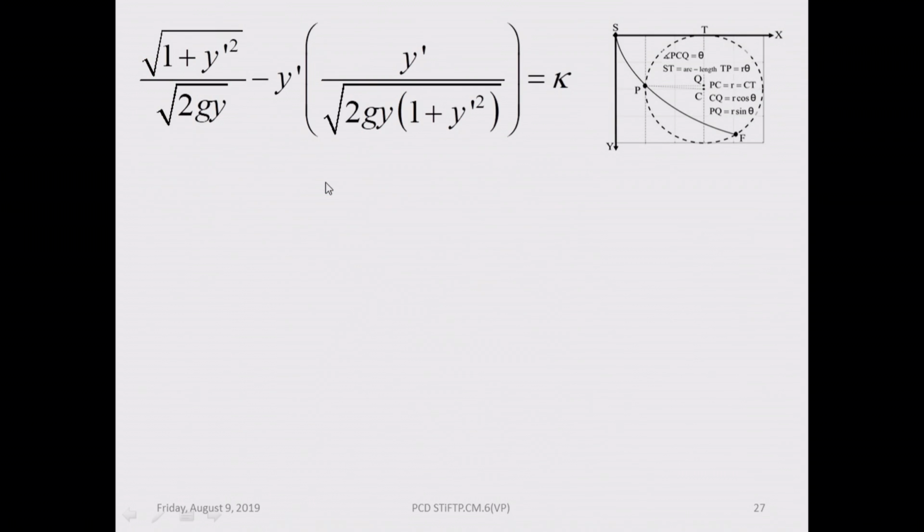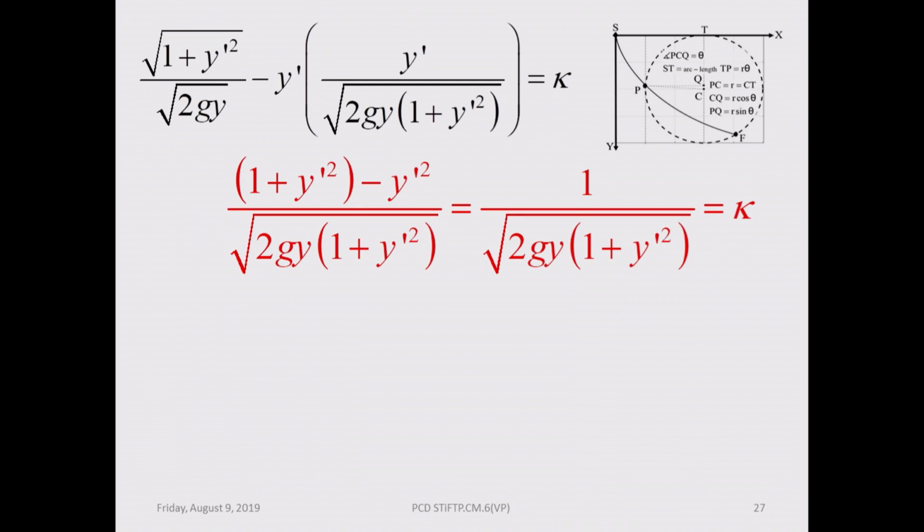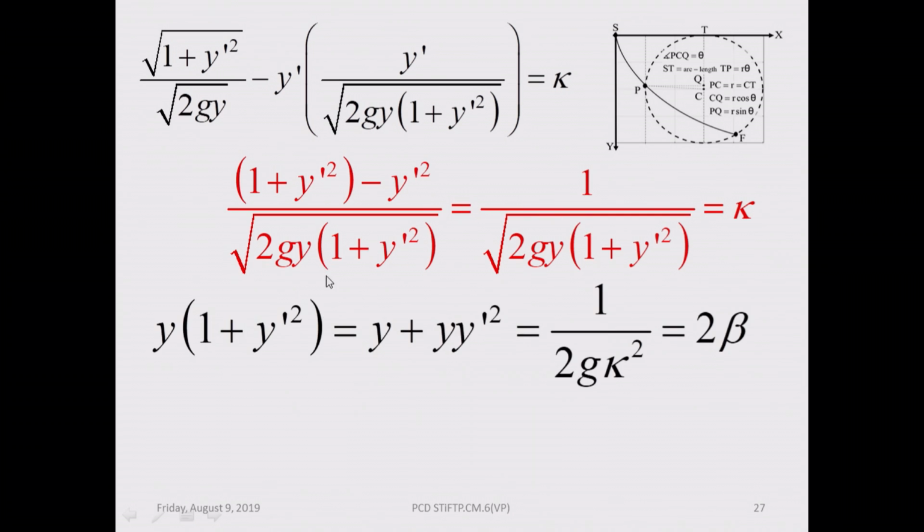Okay, so this is the problem we are trying to tackle, and we have now described the condition that must be satisfied, and you just manipulate these two terms, combine them by finding the common denominator, and you have a simpler relationship, which is given over here, and you get y plus y prime square equal to this.